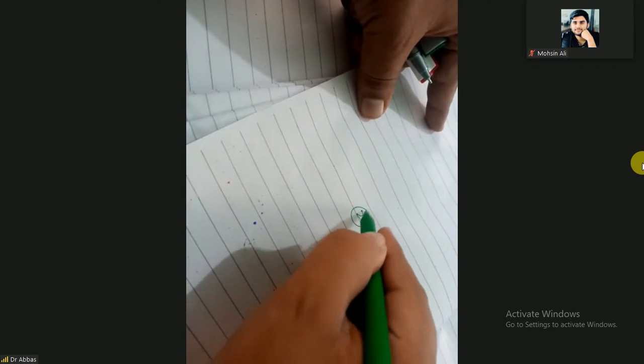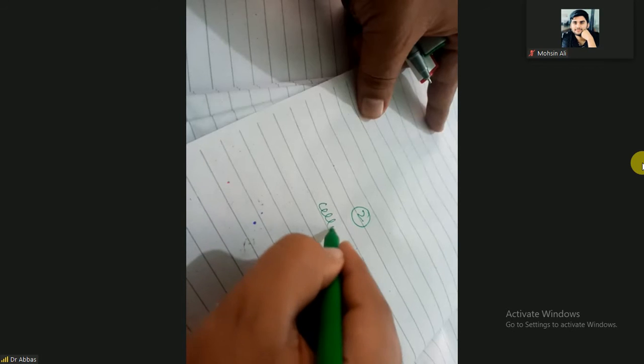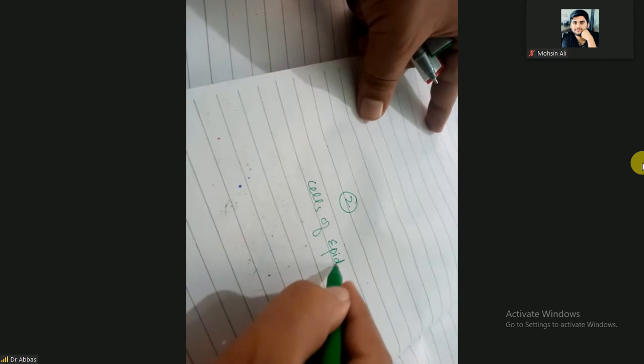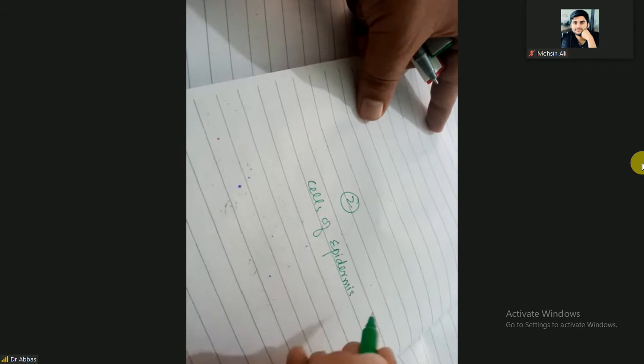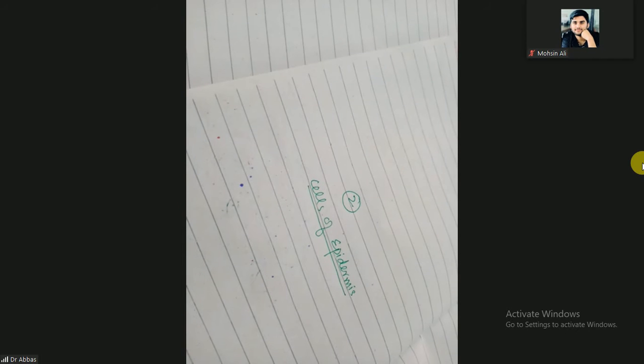So this is page number 2. Next is the cells of the epidermis. There are five layers, and in these layers there are the cells of the epidermis.